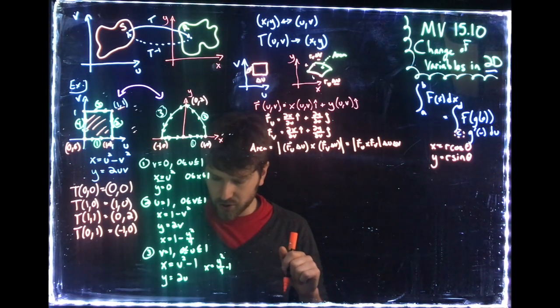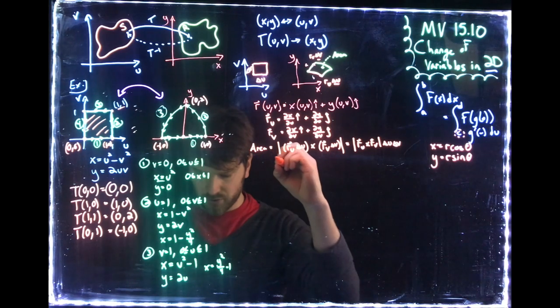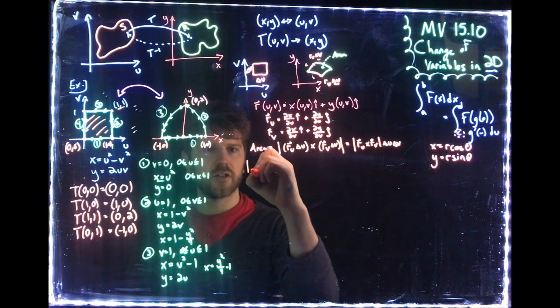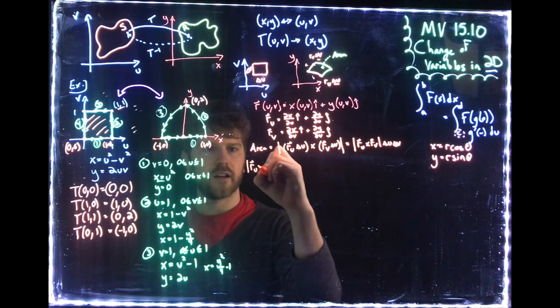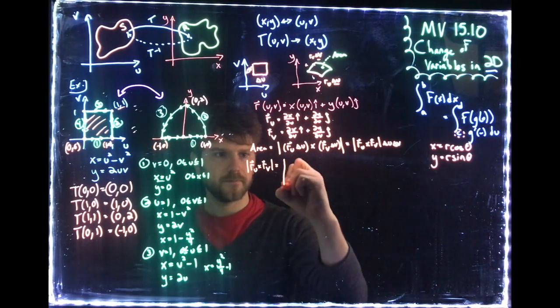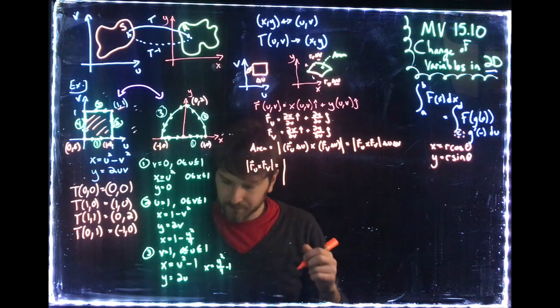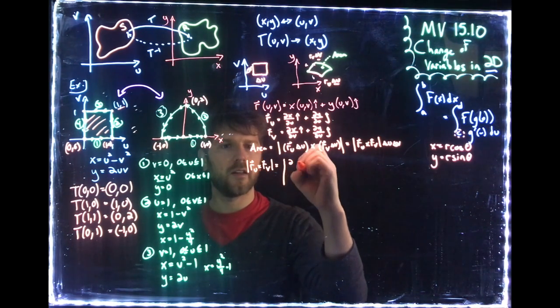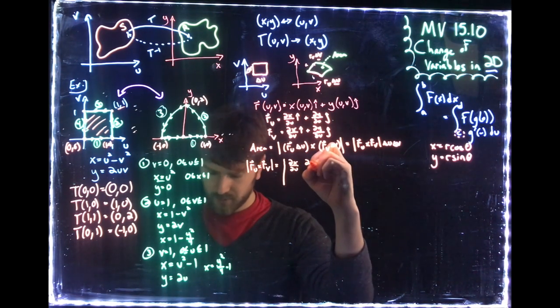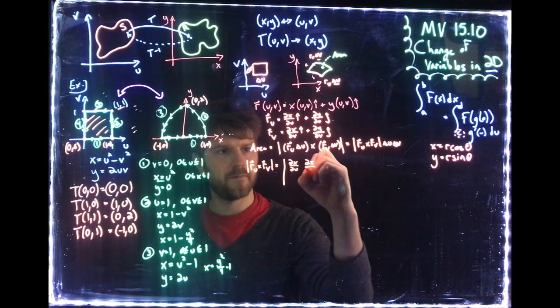It turns out, and you can prove this to your own satisfaction, that the magnitude of this cross product, and I invite you to work it out, ends up looking like the determinant, partial x partial u, partial x partial v.